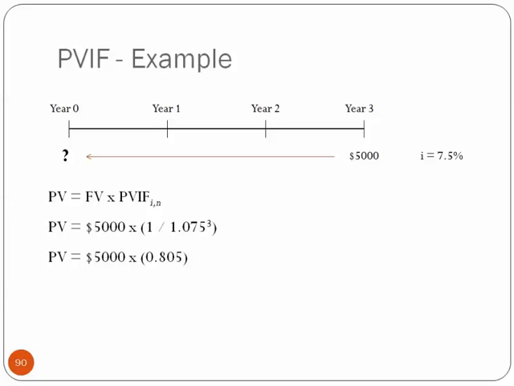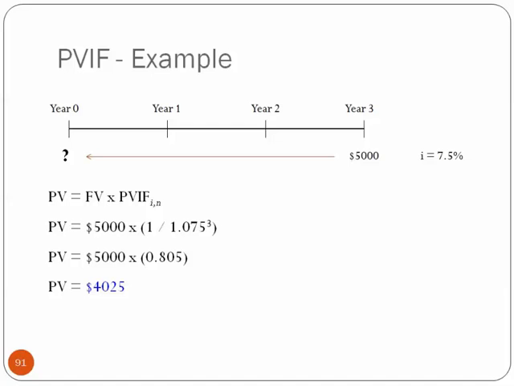Some financial calculators or tables in textbooks will actually have details of the present value interest factor. So you can see in the back of the textbook or whatnot, big tables that help you calculate this. This is more of a traditional method. So then that reduces to $4,025.